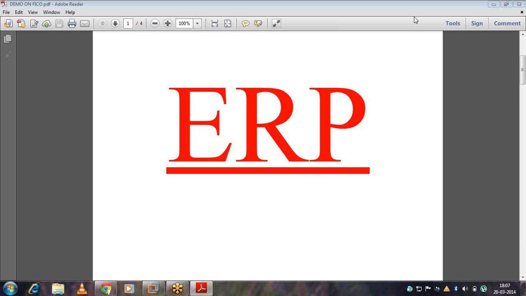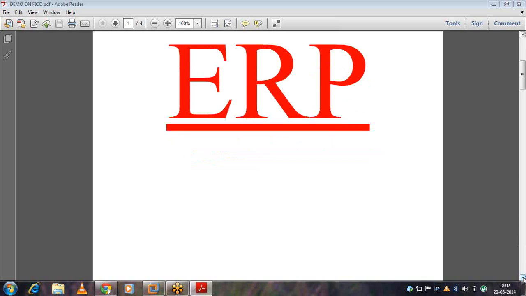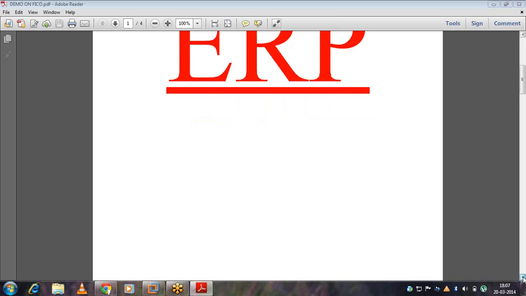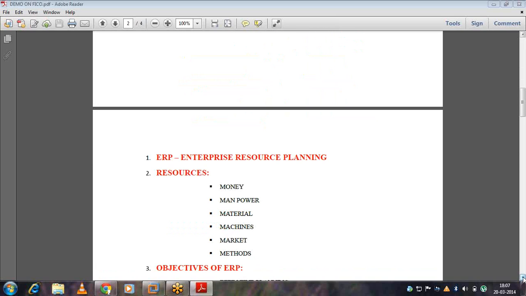Now the question comes, why do organizations have to plan the resources? To know, let us discuss the resources which are available to an organization. When you speak about resources of an organization, we need to discuss money, manpower, material, machines, market, and methods.